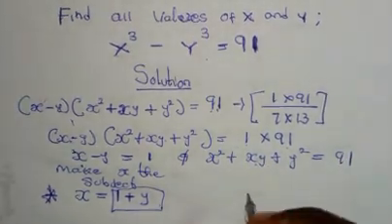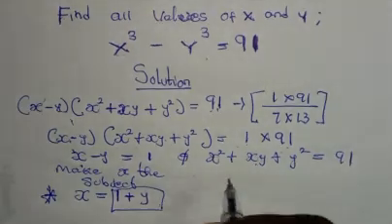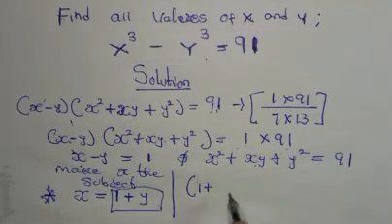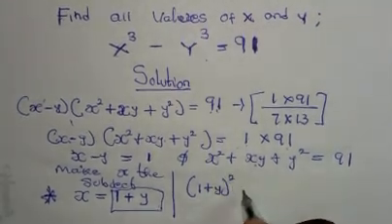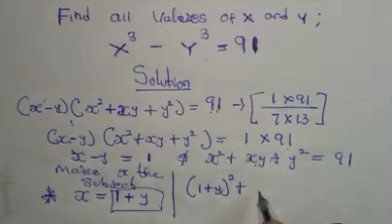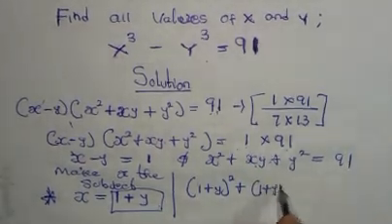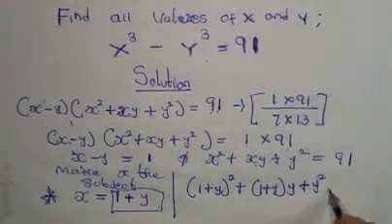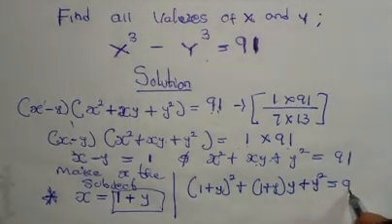Here we have x squared, so we are going to have (1 plus y) squared, and here we have x times y, which is (1 plus y) times y, plus y squared is equal to 91.